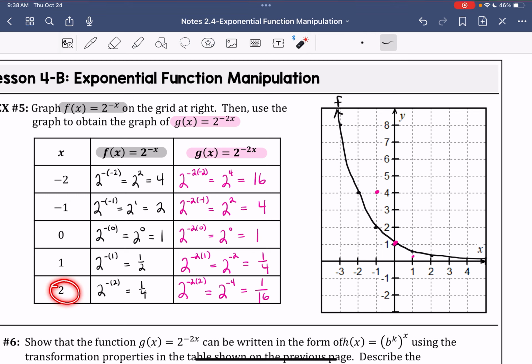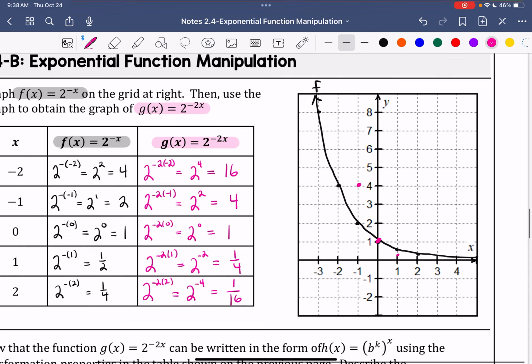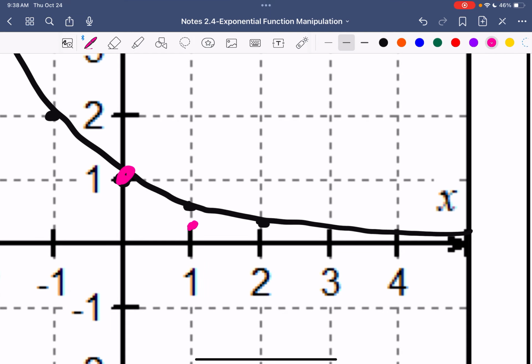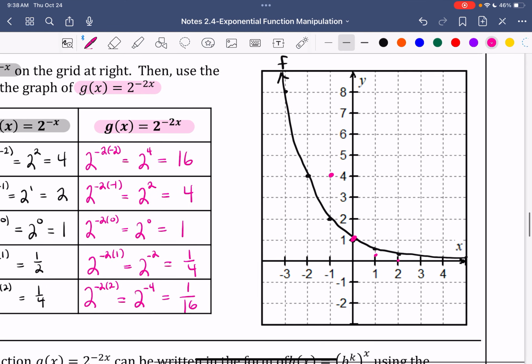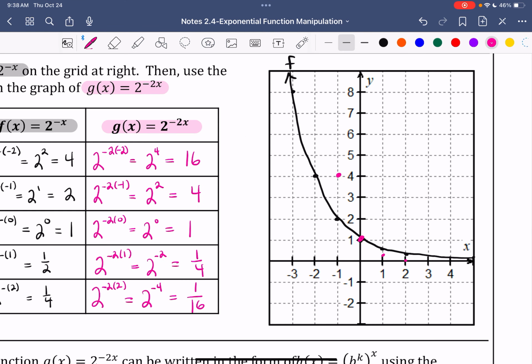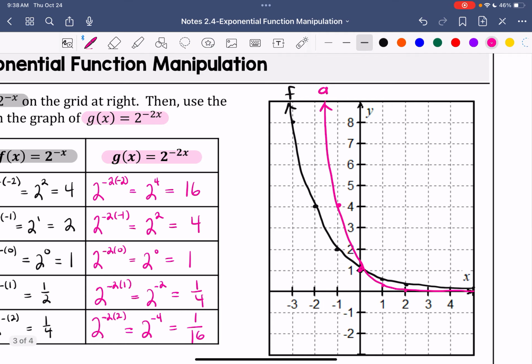And then 2 comma 1/16. That is so small that honestly I feel like we could just put it on top of the axis and that'll be fine. Okay, so let's connect those points. So this would look something like that. And that is our function g.